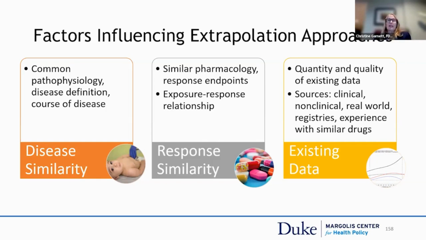Evidence for response similarity would include factors such as similar pharmacology, similar response in clinical endpoints, as well as demonstrating a similar exposure-response relationship. And then the quality, the quantity, and the sources of existing data are also important considerations. So all these three factors will influence the choice of an extrapolation approach. Next slide, please.